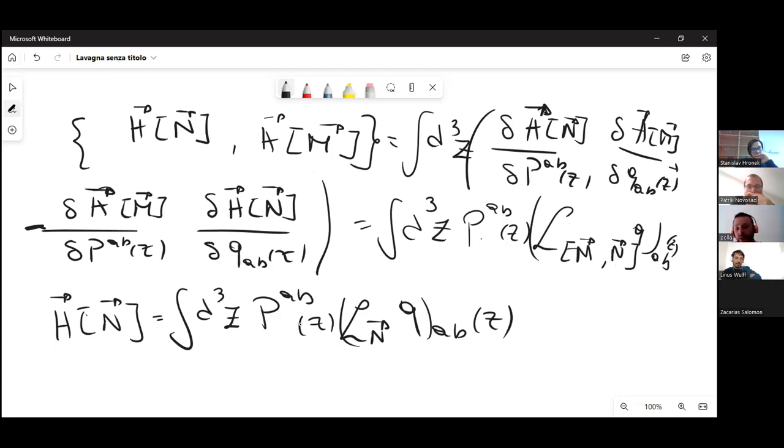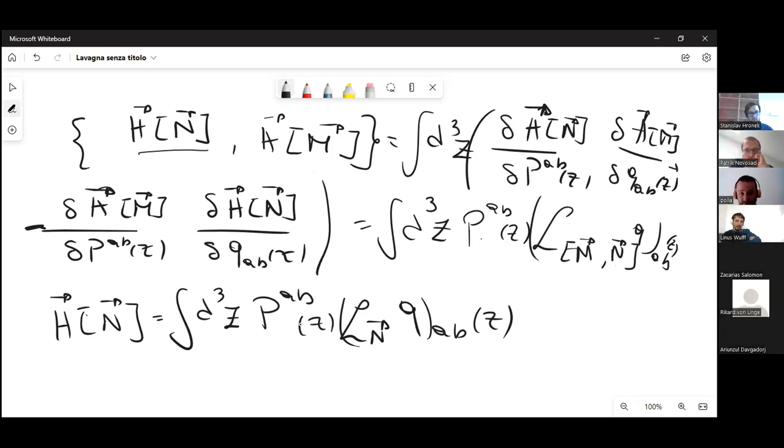And if you want to compute also the Poisson bracket between any function of the phase space and such a smeared constraint, this smeared constraint has the purpose to shift also the function. So it will give us the Lie derivative of the function.